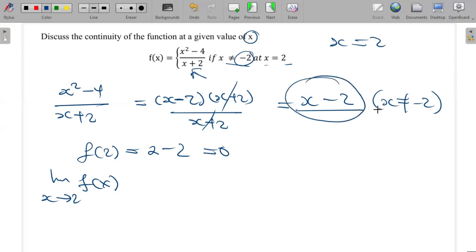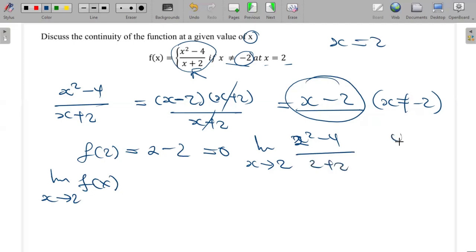That's our function now. Because if you say the limit as x approaches 2, and then you say x squared minus 4 over x plus 2. So there, if you plug in your 2 directly, you're going to have 2 squared, there, you're going to have 2 plus 2.